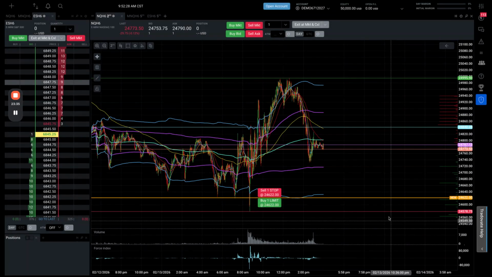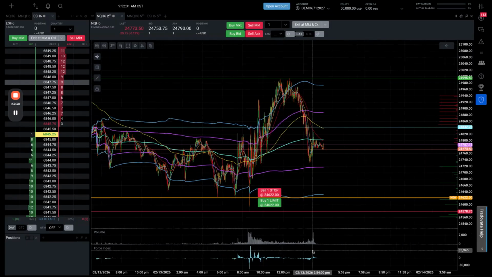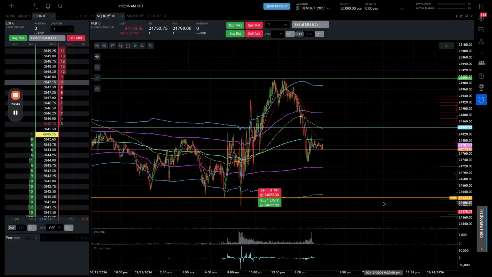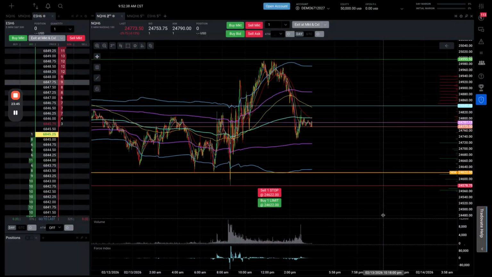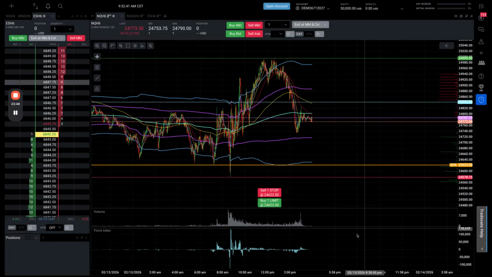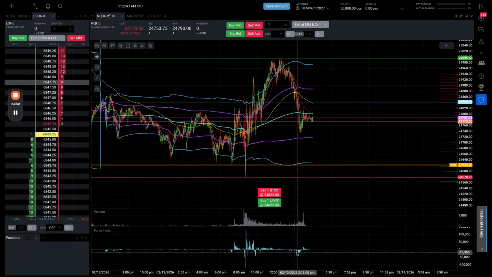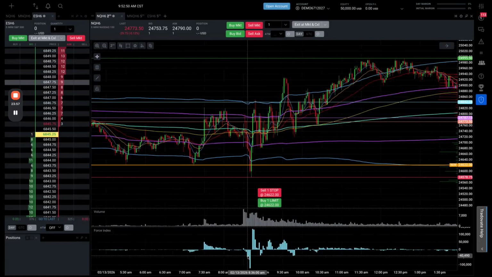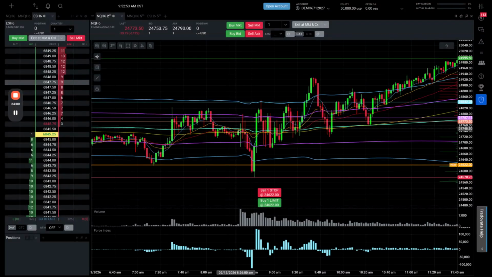I like the Force Index because it can show you things like when the direction changes. So look, if you look here, we were down right here. We were going down, but then look, once it flipped and started to come up here, boom, then it started to go up.